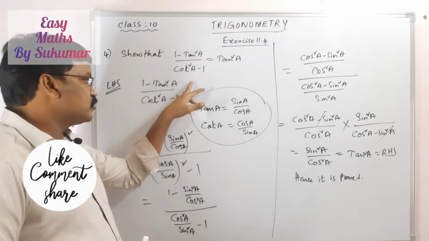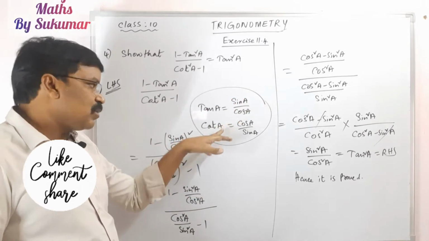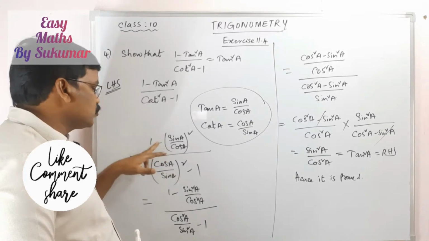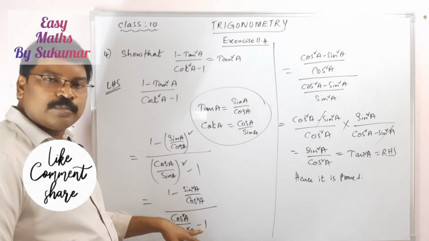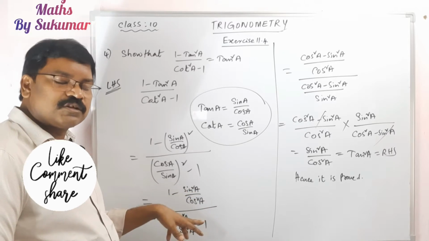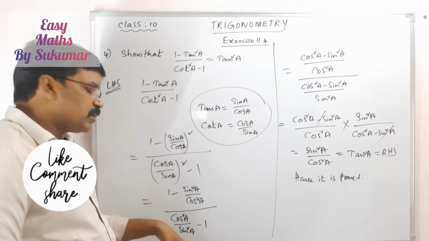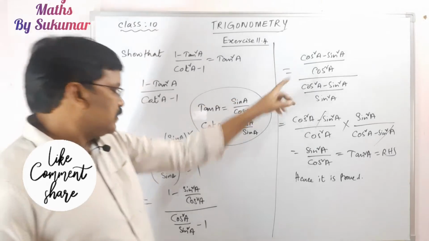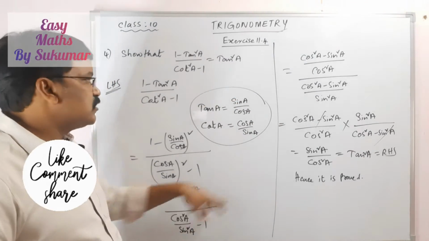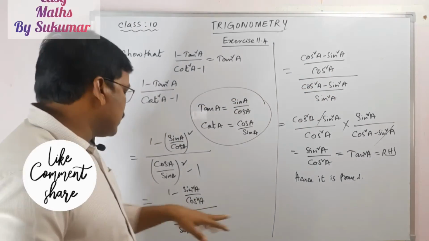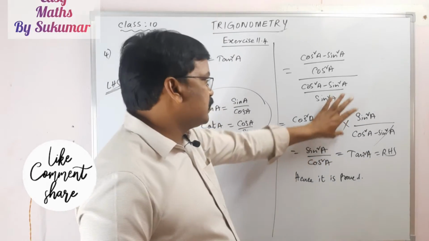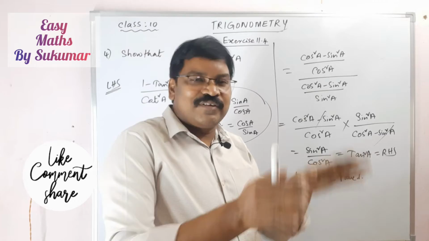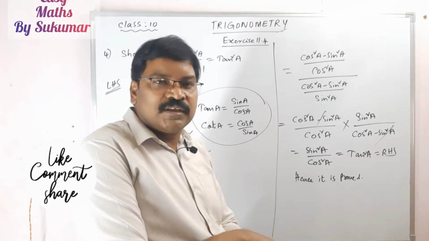Just I am using tan means sin by cos, cot means cos by sin, and I substitute here and just split the square in numerator and denominator. That means (1 minus sin square by cos square A) whole by (cos square A by sin square A minus 1). And here what I did, (cos square A minus sin square A) by cos square A whole by (cos square A minus sin square A) by sin square A. So here, my dear students, the second fraction will be reciprocal, right?